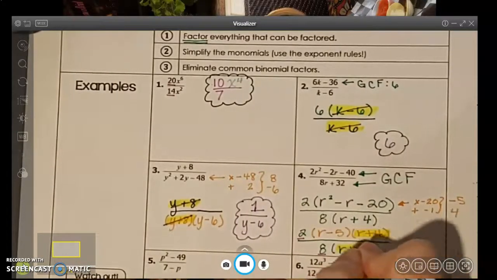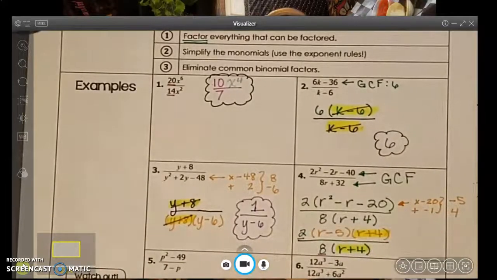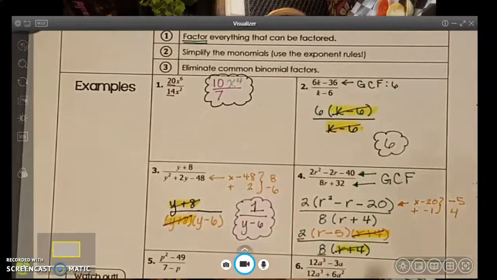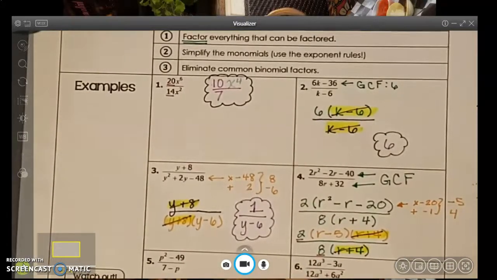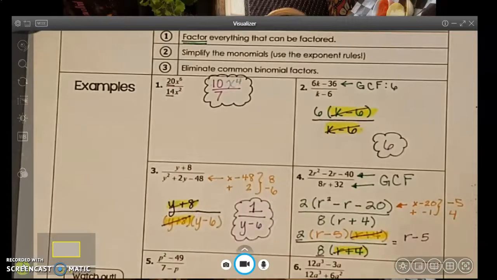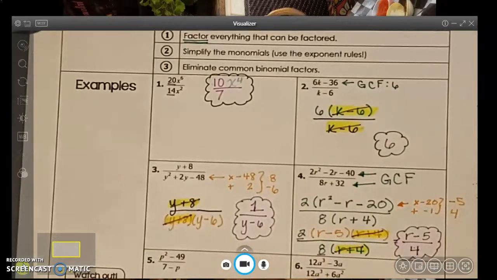So my 2 and 8 will reduce, and I'm just left with r minus 5 up top, because the 2 will become a 1. And this 8 divided by 2 will be 4. So my answer is r minus 5 all over 4.